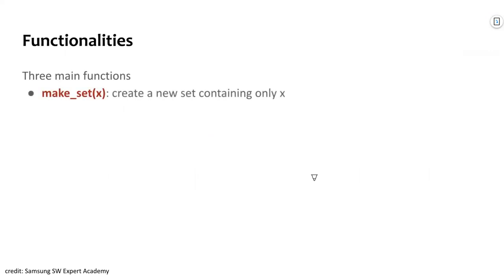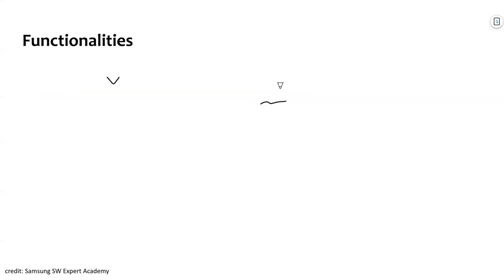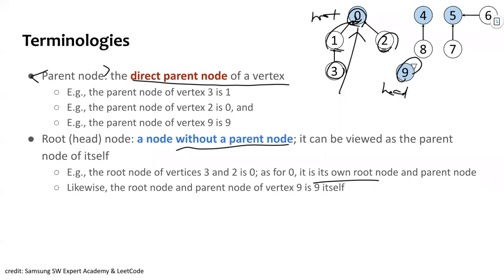And what are we going to do with disjoint sets? We are going to perform 3 main functionalities. The first one is make set. This one is simply creating a new set containing only X. I told you that there are some sets with only one element, and to deal with those elements, we're going to use make set.